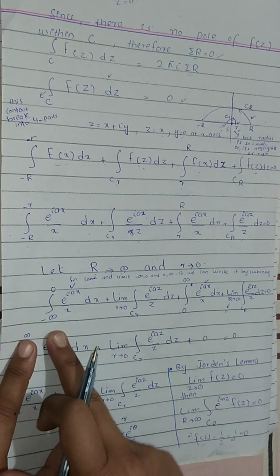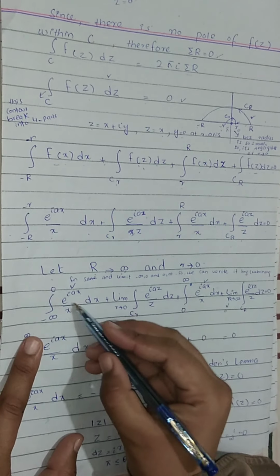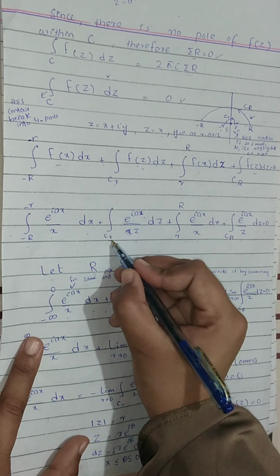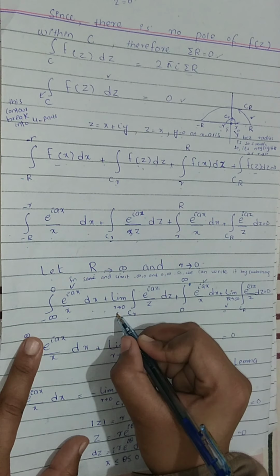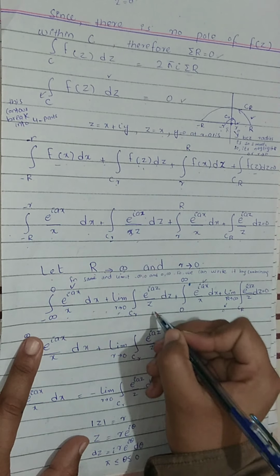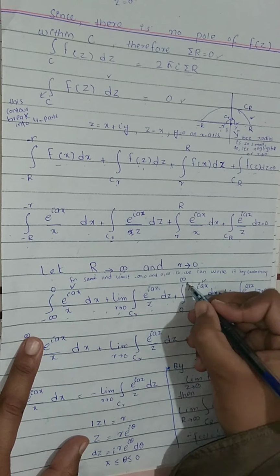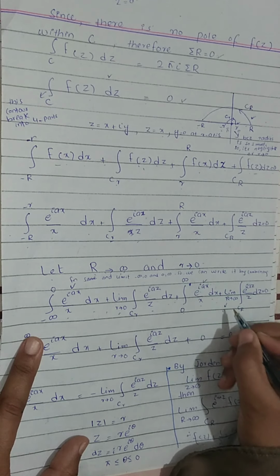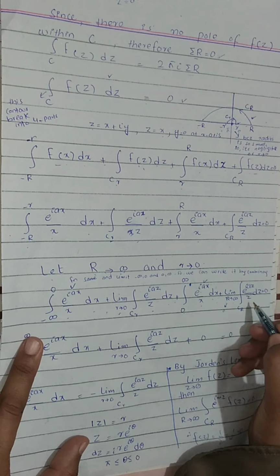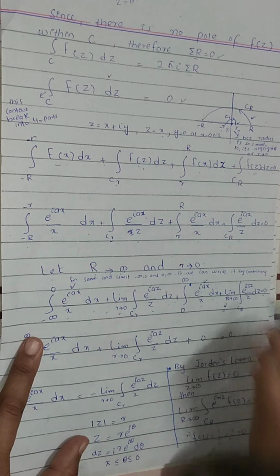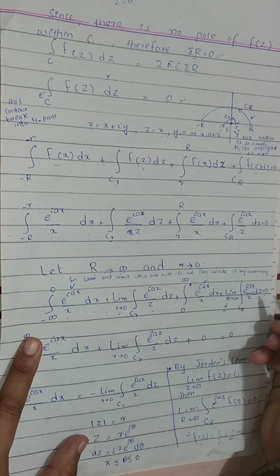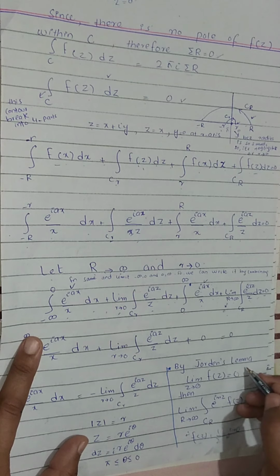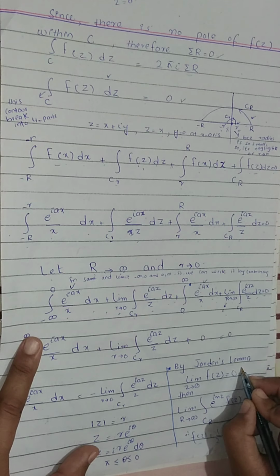We have the integral from minus infinity to 0 of e^(iax)/x dx, plus the limit as r approaches 0 of the integral over the small semicircle of e^(iaz)/z dz, plus the integral from 0 to infinity of e^(iax)/x dx, plus the limit as R approaches infinity of the integral of e^(iaz)/z dz, equal to 0. Now we can see that the integral of e^(iaz)/z dz over the large arc is equal to 0. How? By Jordan's lemma. What is Jordan's lemma?